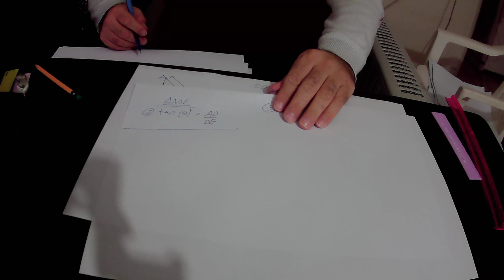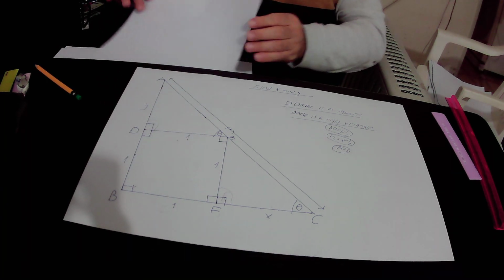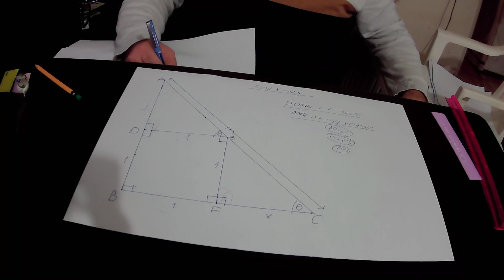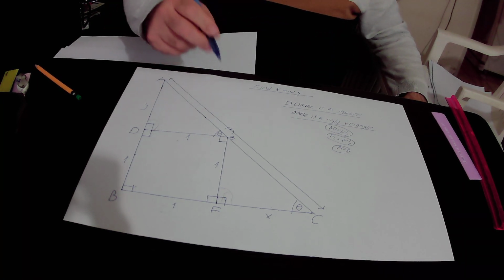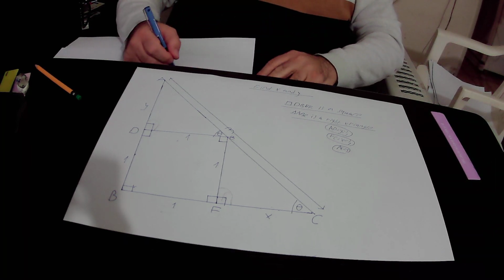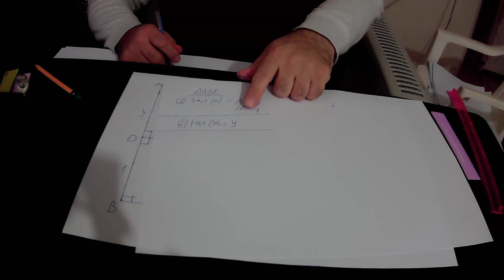I'll repeat again. In the right triangle, triangle ADE, tangent theta equals AD over DE. But AD equals Y, according to what is given in the question, and DE equals 1. So, in conclusion, we found out that tangent theta equals Y. According to equation number 1, tangent theta equals Y.